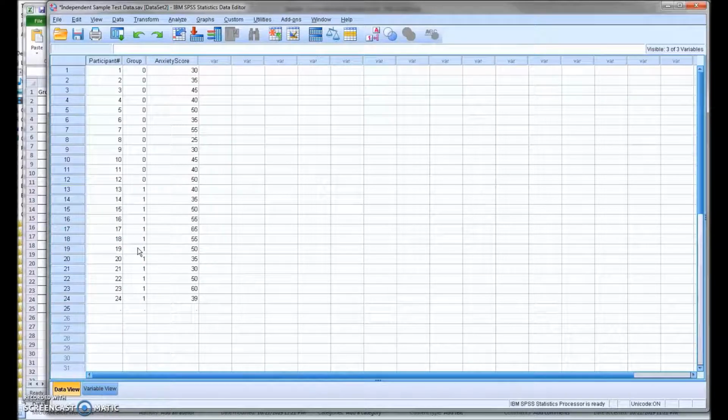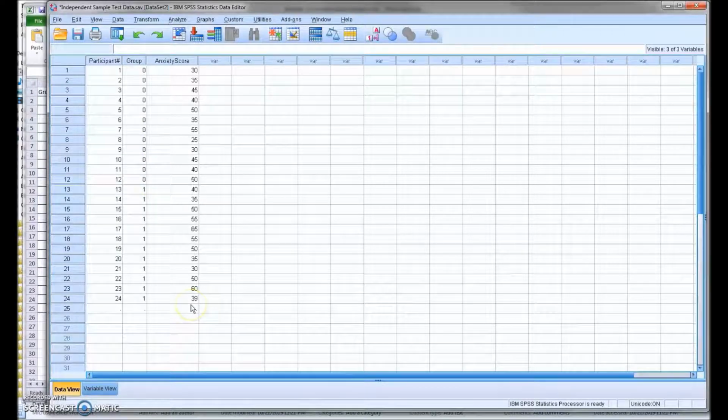It is not saying anything else. It is just denoting the group. There are 24 different participants, assigned randomly to one of the groups to see a picture of the spider or the real spider. The real spider group is my experimental group, and this is my control group.